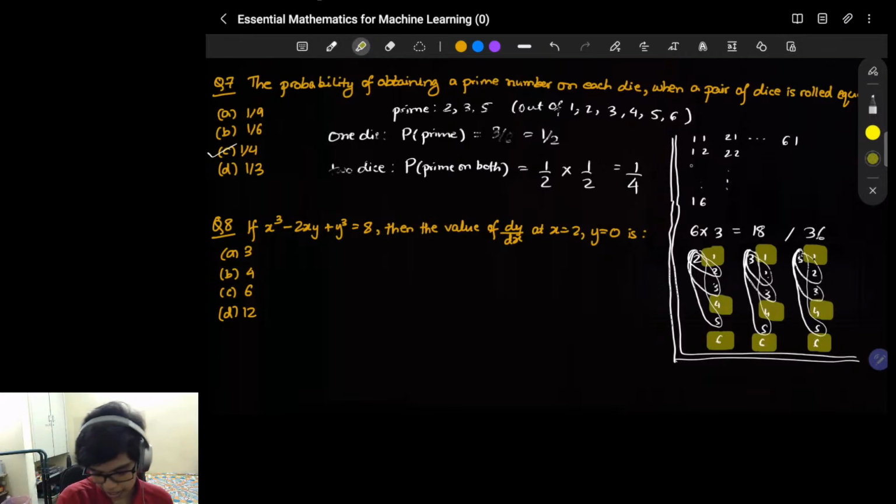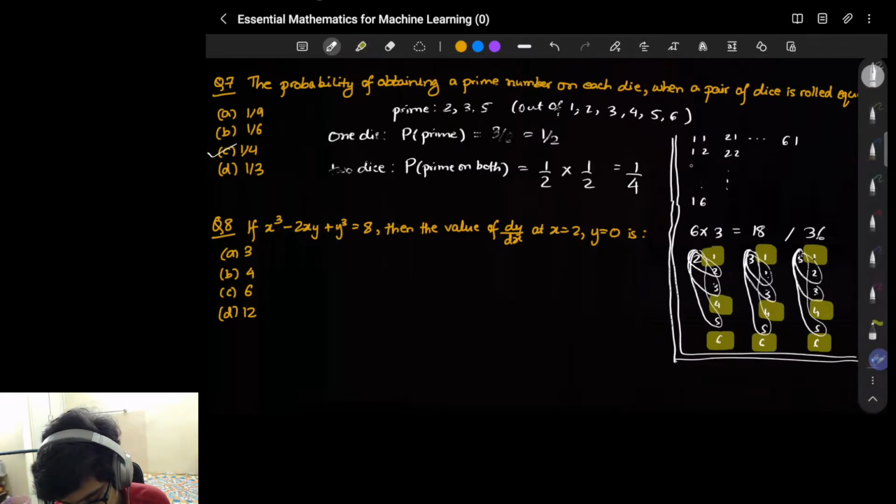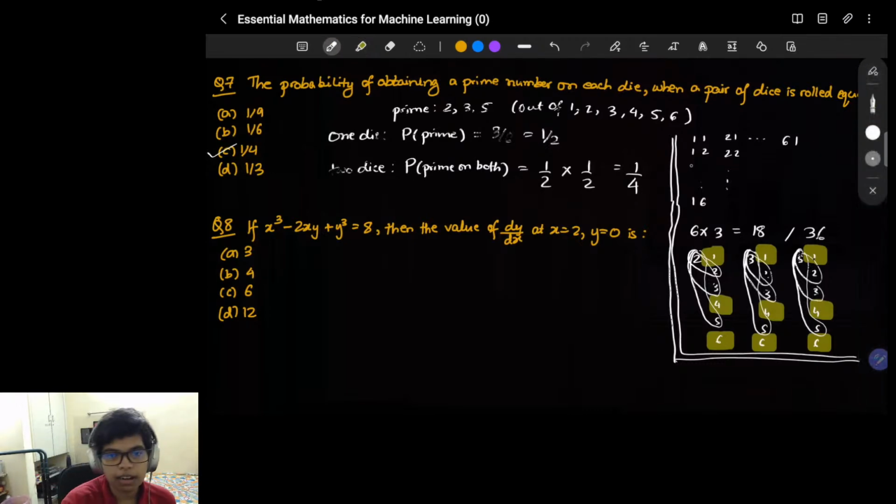So now you see 9. So yeah, you can work out multiple kinds of problems based on this, on rolling one die, rolling two dice, rolling three dice, and you can work out the combinations that are possible.